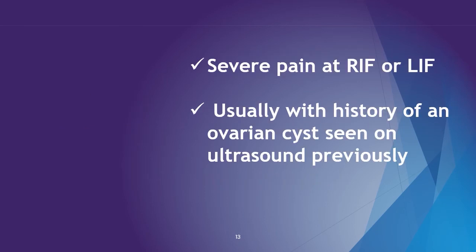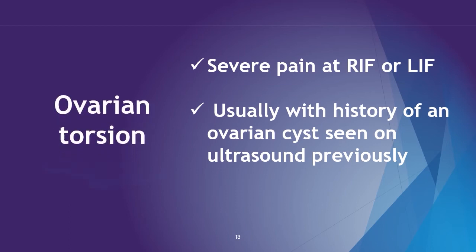Now in this scenario, a patient is having severe pain at the right iliac fossa or left iliac fossa with a history of an ovarian cyst seen on ultrasound previously. In a female patient, it implies it's a case of ovarian torsion. So it is very useful when you remember the signs and symptoms rather than memorizing under each category, because it gives you a logical sense of the condition.